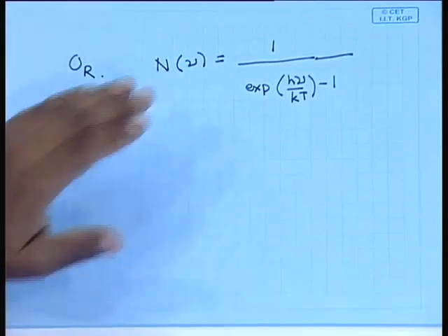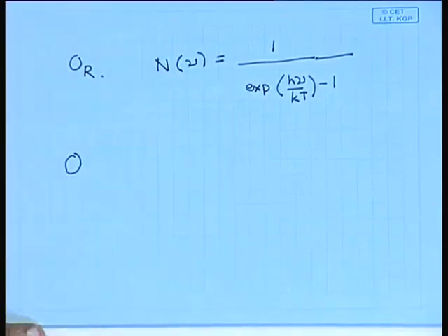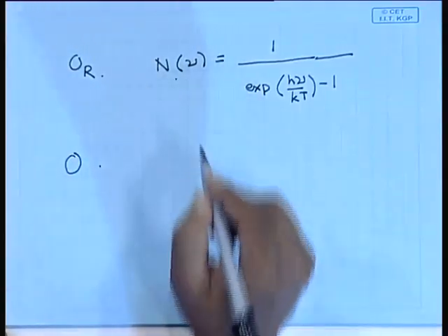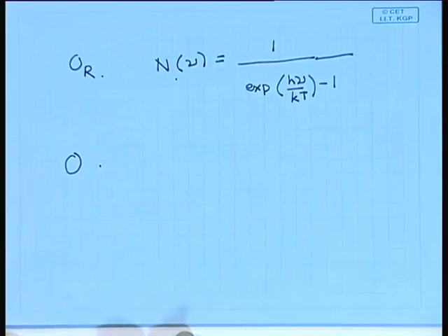So, the occupation number of a photon of a particular mode we know is not going to change, because photons are neither destroyed nor created when I go from one frame of reference to another. Okay, I am seeing the same photon. All that happens is that the frequency of each photon is now different. And what is the relation between the frequency of the photon here and the frequency of the photon here? So, let us see.